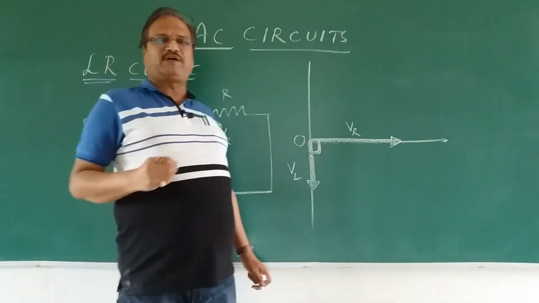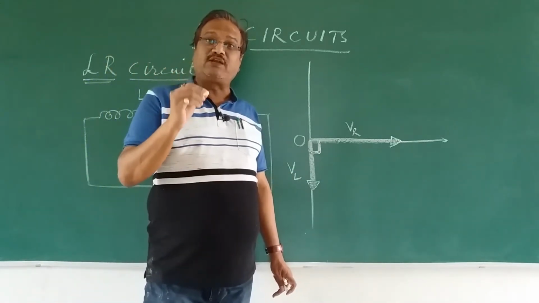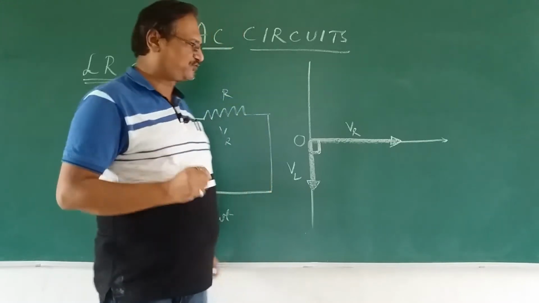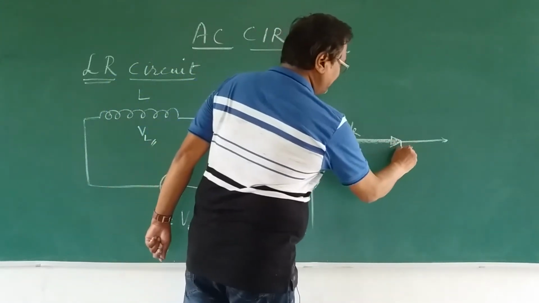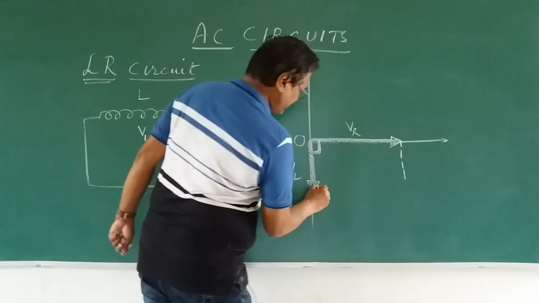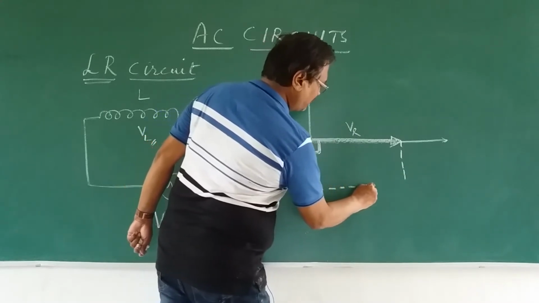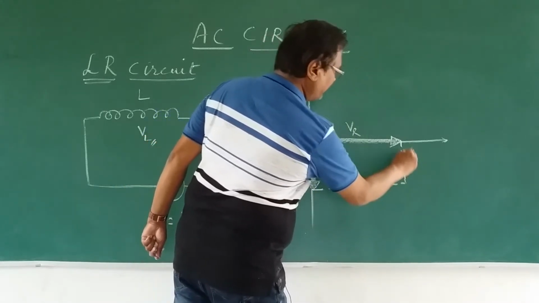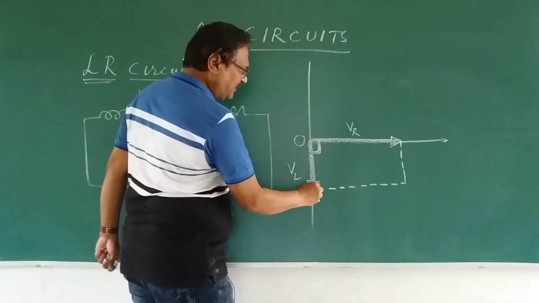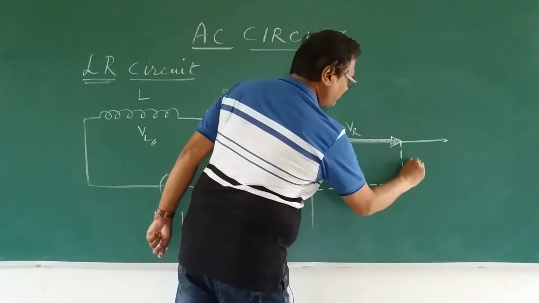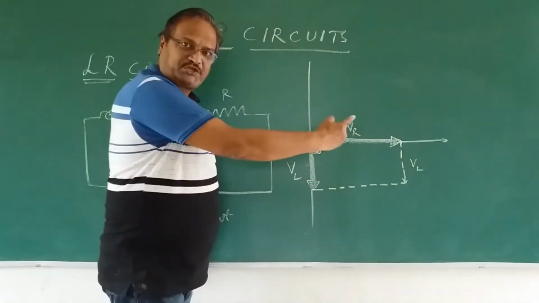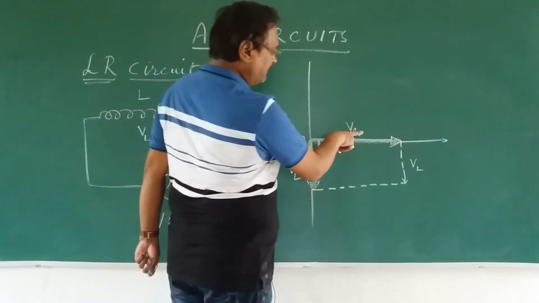Now I am going to use the parallelogram law of vectors. Let me complete the parallelogram, or the rectangular components. Now this is represented by the VL vector. Vectors can be shifted parallel to each other, and this is VR.